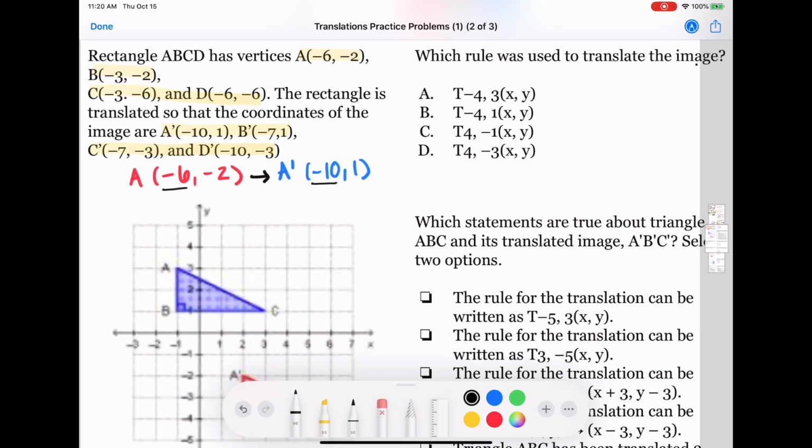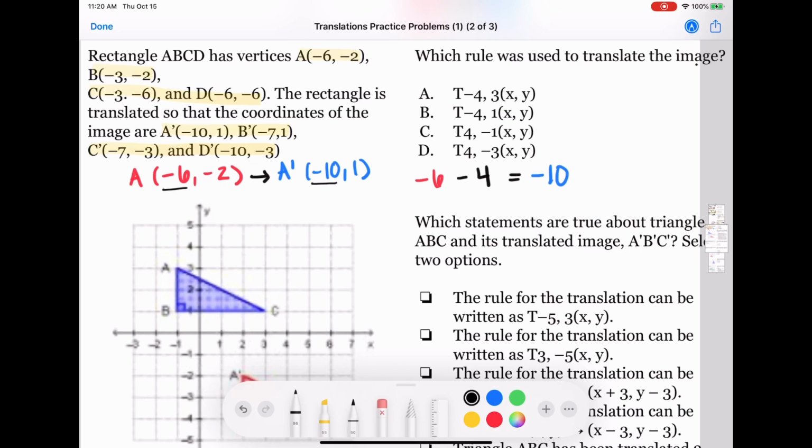Well, one way to get from -6 to -10 is to go ahead and subtract 4. If we take -6 and subtract 4, we get -10.